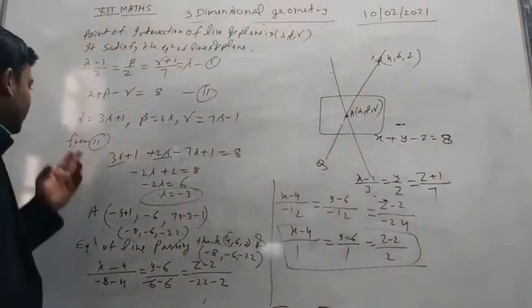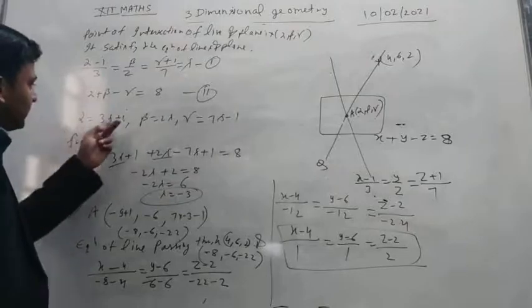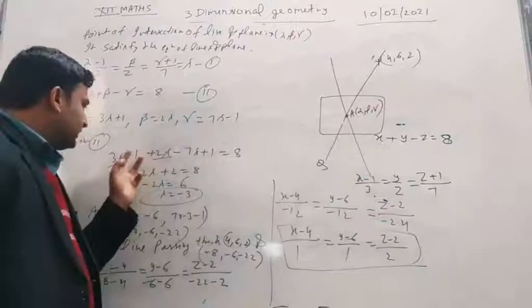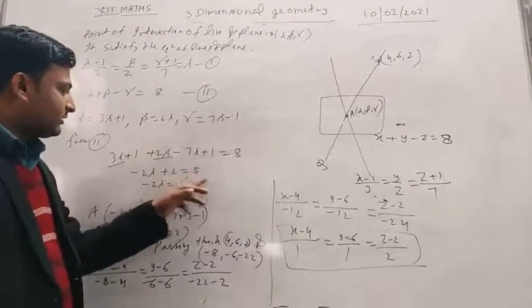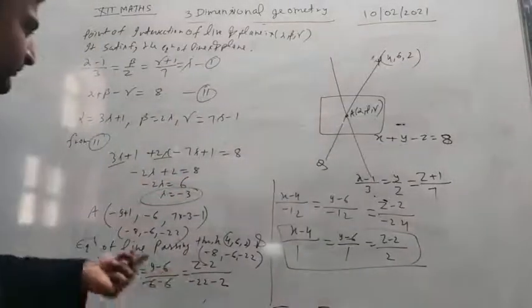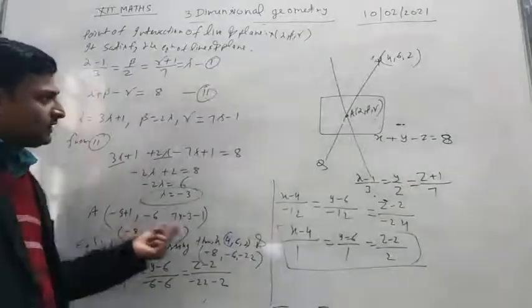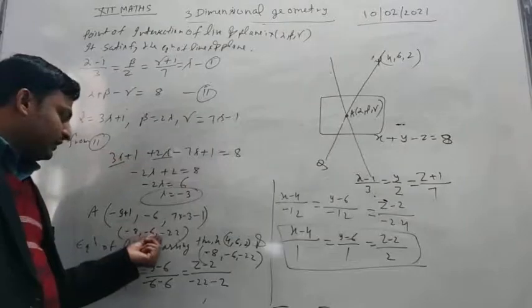Now students, from the second equation, when we put this alpha, beta, gamma in this equation, we get 3 lambda, 2 lambda, and minus 7 lambda, so minus 2 lambda, and this is 2 and 8. So we get from here our lambda is equal to minus 3. Now we find the coordinates of the intersection point, which is minus 8, minus 6, minus 22.